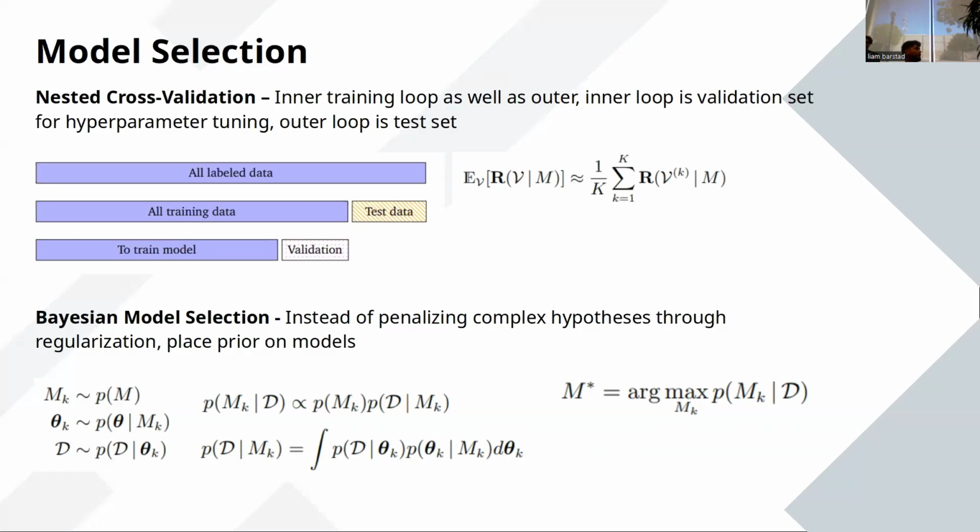And then the idea of Bayesian model selection, which is kind of penalizing complex hypotheses or overfitting by placing a prior on the models in the space of all the models that you can use. In this case, they use M to denote the actual model itself.